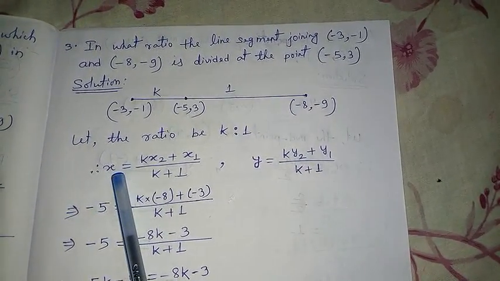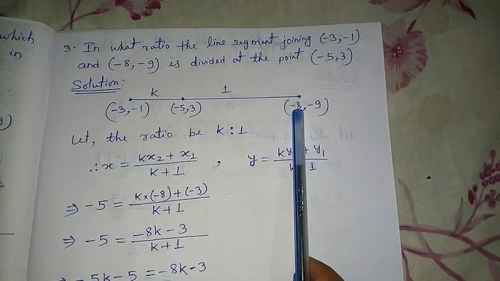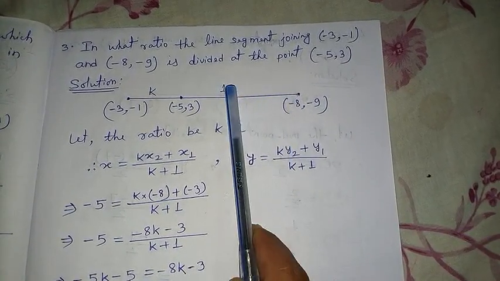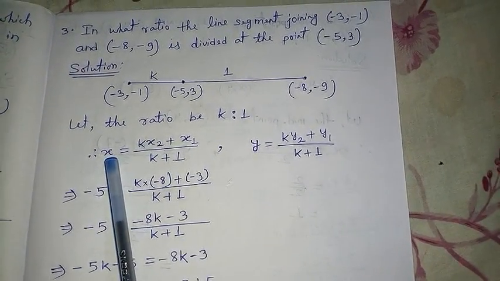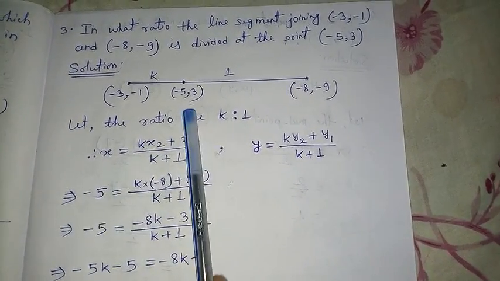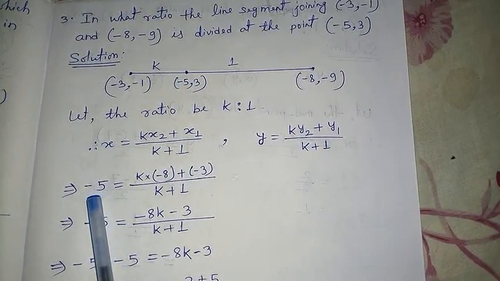The rest of the formula is the same, children. x equal to k into x2 plus 1 into x1. So that is the formula. But here you might be saying, sir, why did you use the arrow? Then I will tell you, this is x. So this x place has been taken by minus 5.